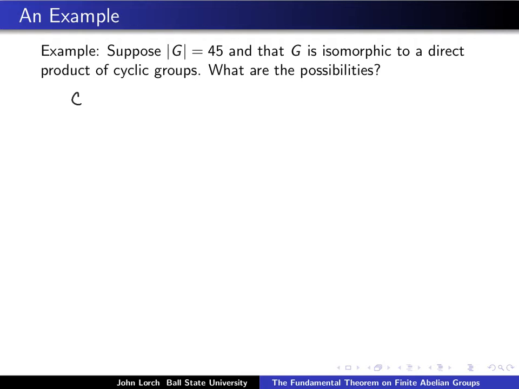Well, we know that the only finite cyclic groups are the groups of modular integers, the Z sub n's. And so G would have to be isomorphic to some direct product of Zn's.